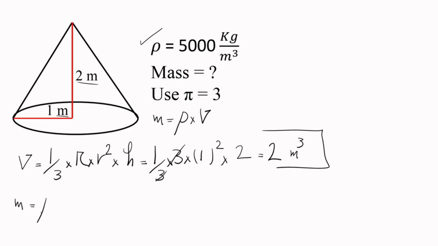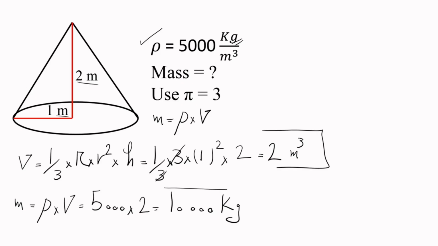M is equal to rho times V, and I have both of these parameters. 5,000 times 2, units are corresponding. It's gonna be 10,000. And the unit is gonna be kilogram in this case because I'm finding the mass, and here I have density based on kilogram per cubic meter. Really easy.